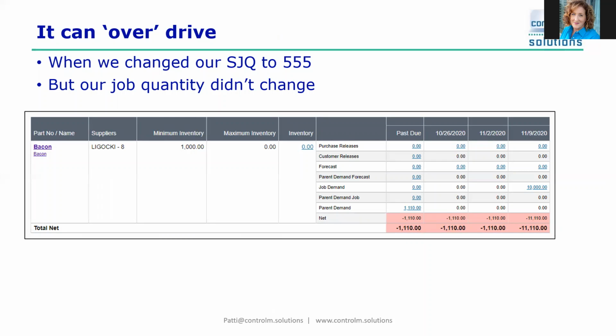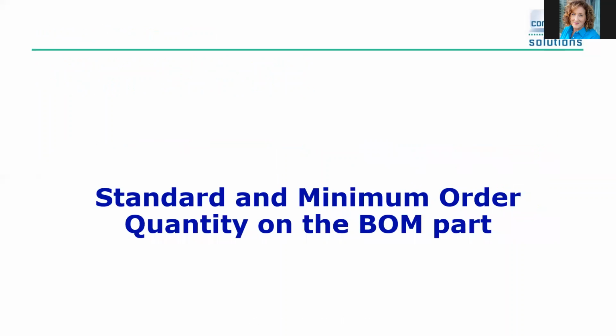But we already had created the job. So technically we would have excess in PRP. We're technically overdriving. There's really nothing to do here. I just wanted to show you that the SJQ, that setting, really pushes the net demand and does not change the job demand unless you've got a setting on in PRP that builds in multiples of the standard job quantity.